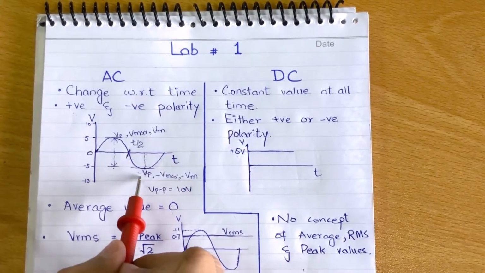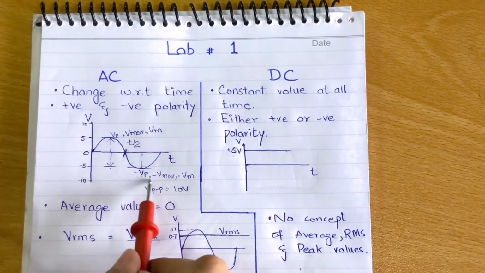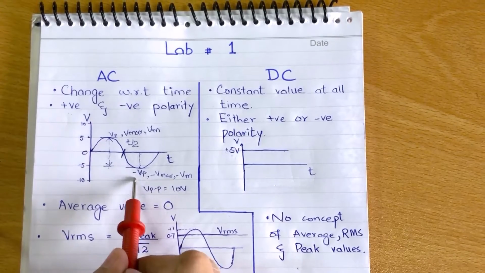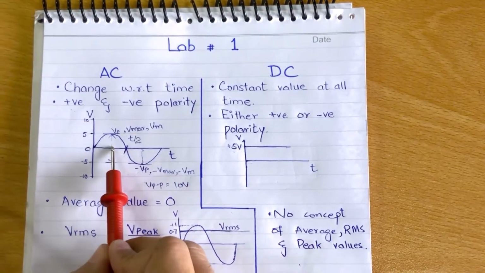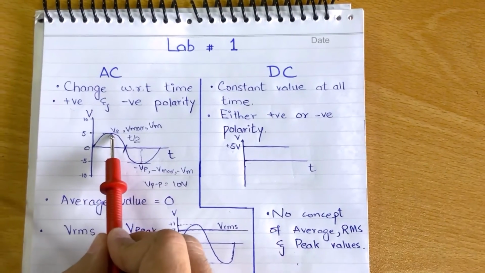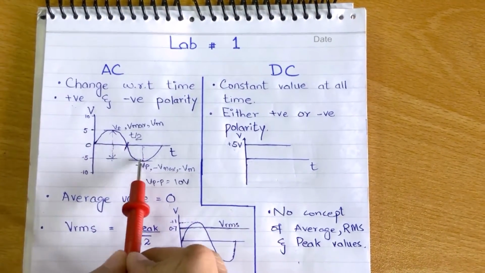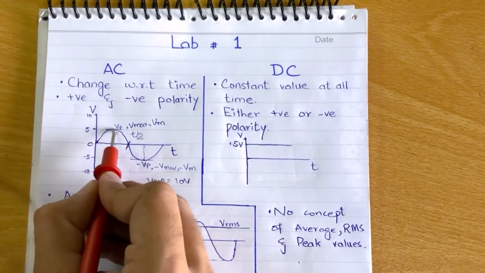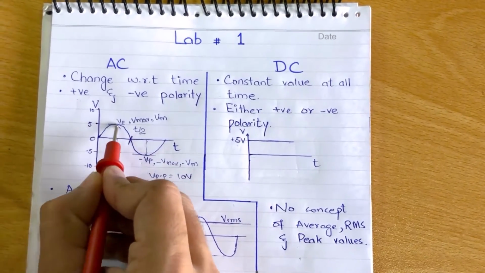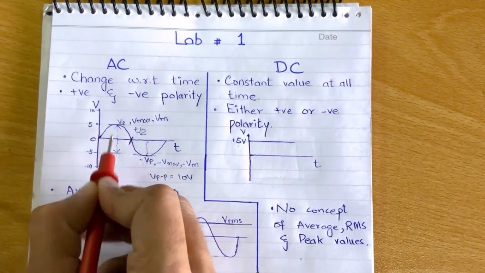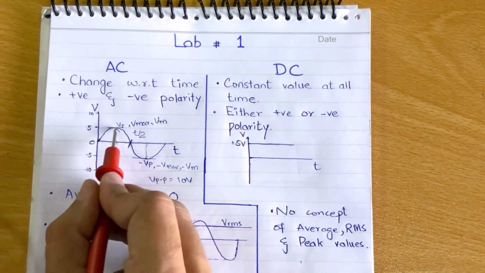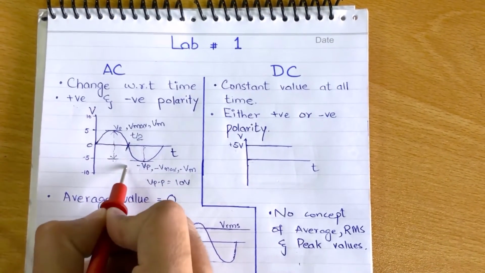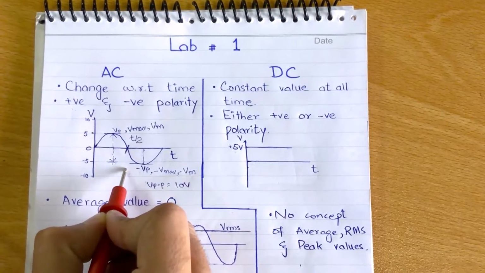In the negative cycle, we have -Vp, -Vmax, and -Vm. So if we consider the half cycle, it is Vp, and if we consider from this point to this point, it is called V peak to peak. If we consider the value from the 0 axis to positive, and from the 0 axis to negative, then it is simply known as V peak or V max.